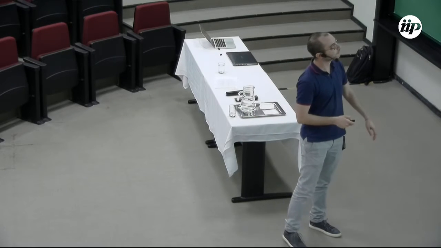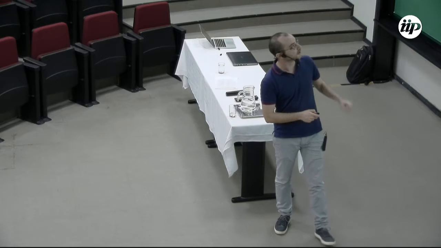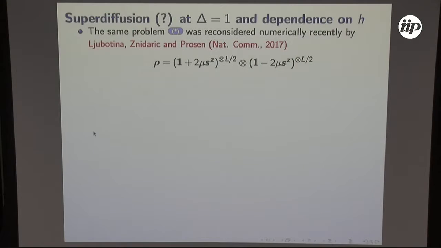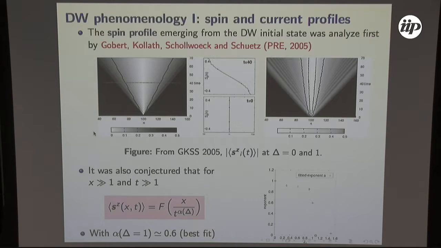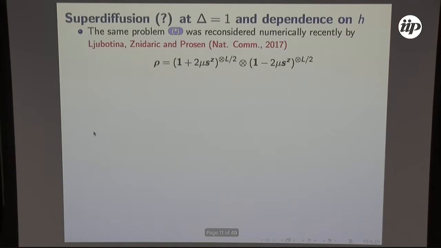So this problem was reconsidered also by Prosen and his collaborators recently. The paper is published in Nature. Don't ask me why, because I found it very close to this one, but anyway. So essentially, what they do is to take as an initial state this state, which is essentially the one that I will consider.